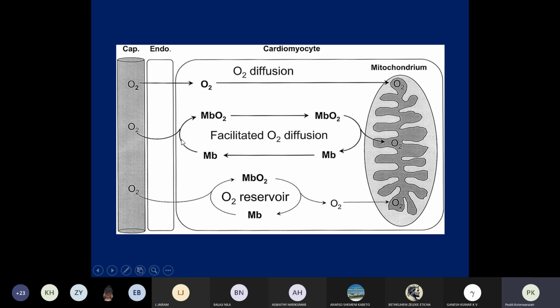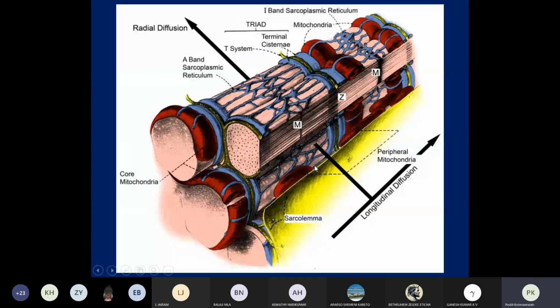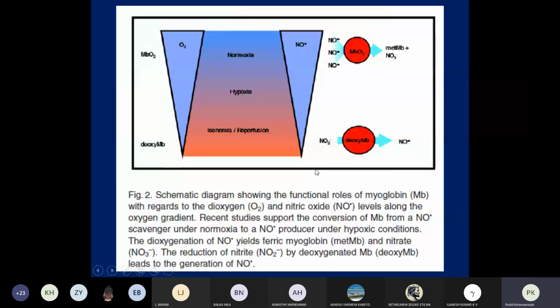The oxygen that is released by the hemoglobin normally diffuses in, but if there is some limitation and the cell needs more oxygen, then the oxygen that is stored in the form of oxymyoglobin is utilized. So these are the three important functions.